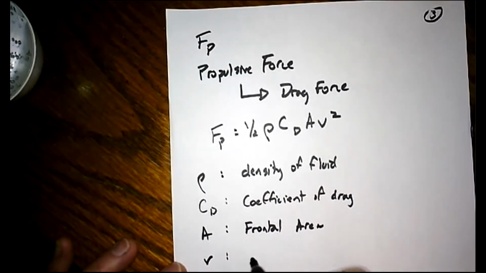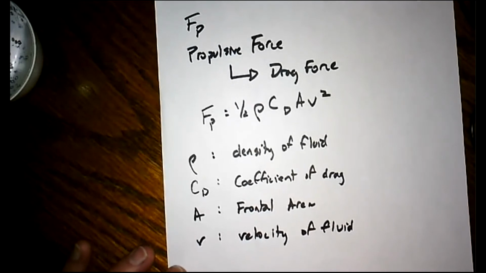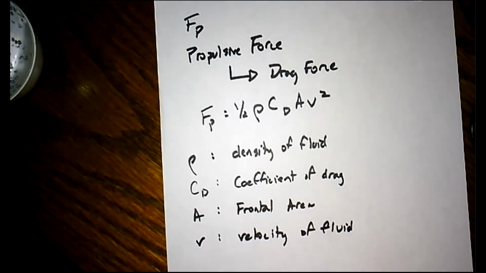And v is the velocity of the fluid. It's not the velocity of the person, okay? It's the velocity of the fluid moving over the object, or the person in this case. Now, in swimming in a pool, you would think that the velocity of the fluid and the velocity of the person are in essence the same thing. And for the most part, they are.